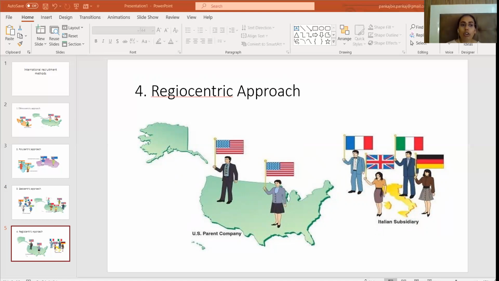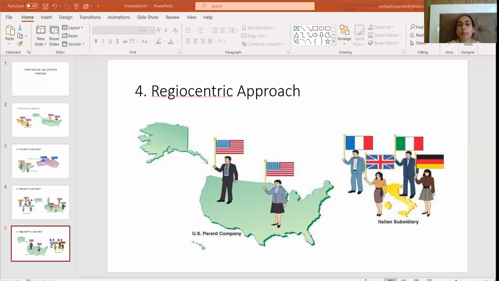It is a combination of polycentric and geocentric recruitment, an amalgamation of these two strategies. Although the managers operate relatively independently in the region, they are not normally moved to the company headquarters.